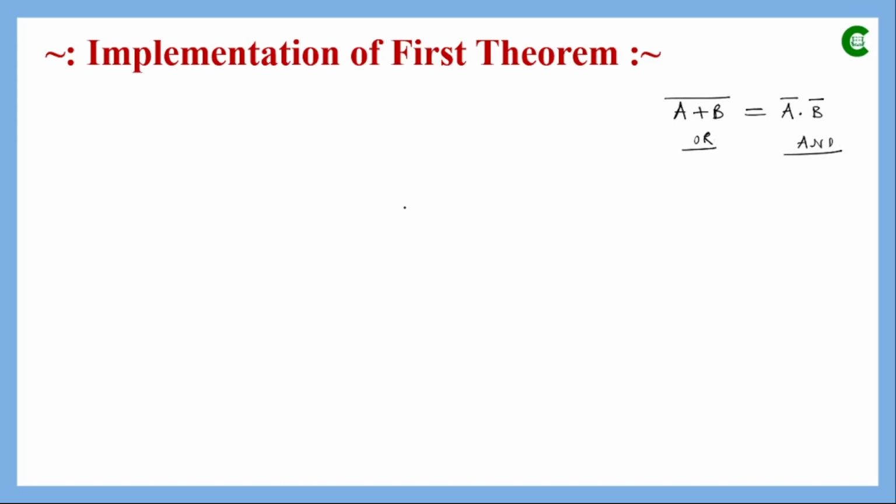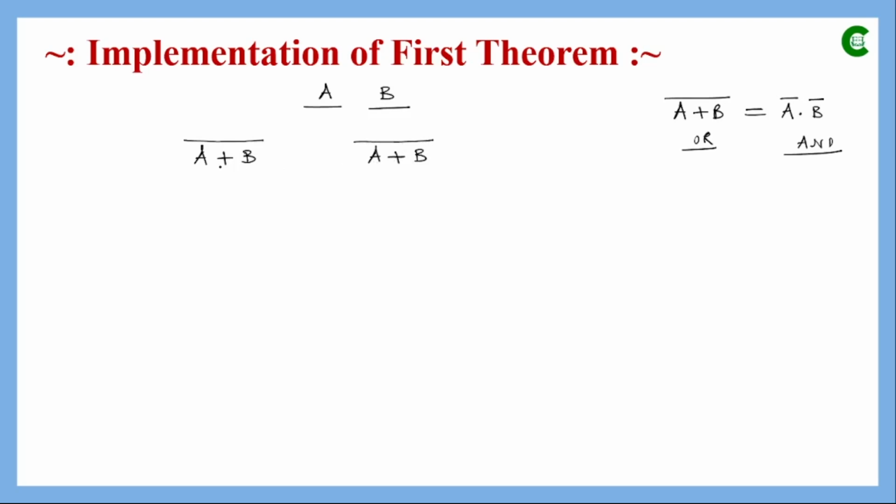Now let's say we have two Boolean variables A and B. First we perform a NOR operation between A and B. So first OR and then NOT, so altogether it is a NOR operation.